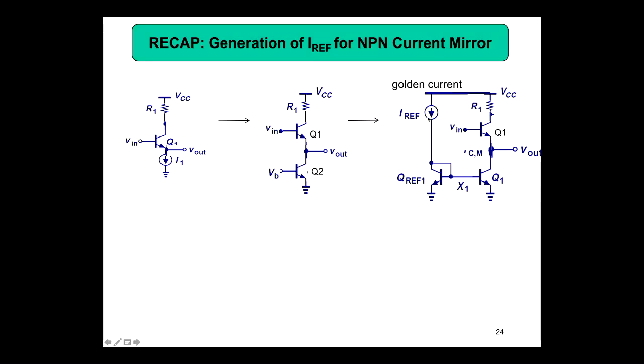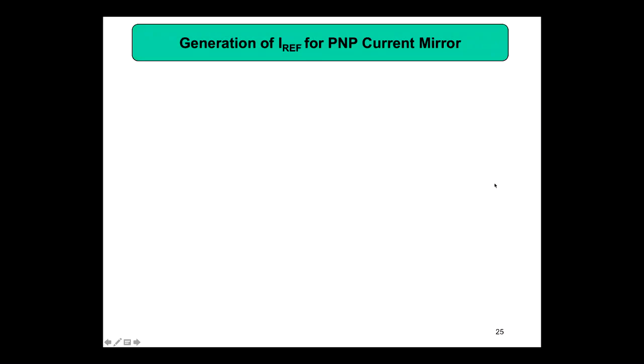So you got NMOS first. Now I am showing you with the NPN transistor, so the same principle we are using. But when you have PNP, then you have a problem. Suppose your amplifier is like this. This is a common emitter amplifier.